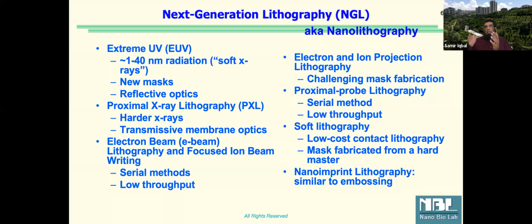So now, high energy means you cannot use glass for optics. You cannot use glass, especially to send the radiation through, because it's just going to ignore it. It's just going to transmit through.